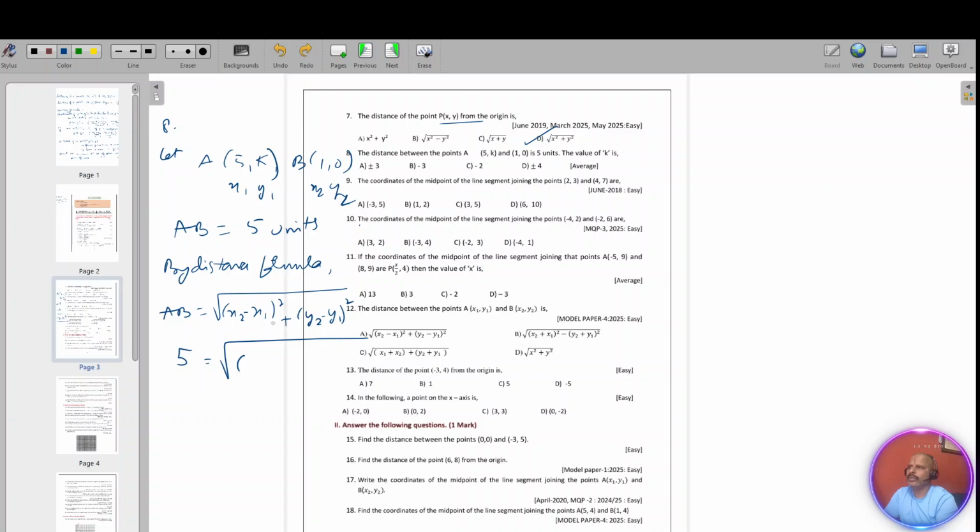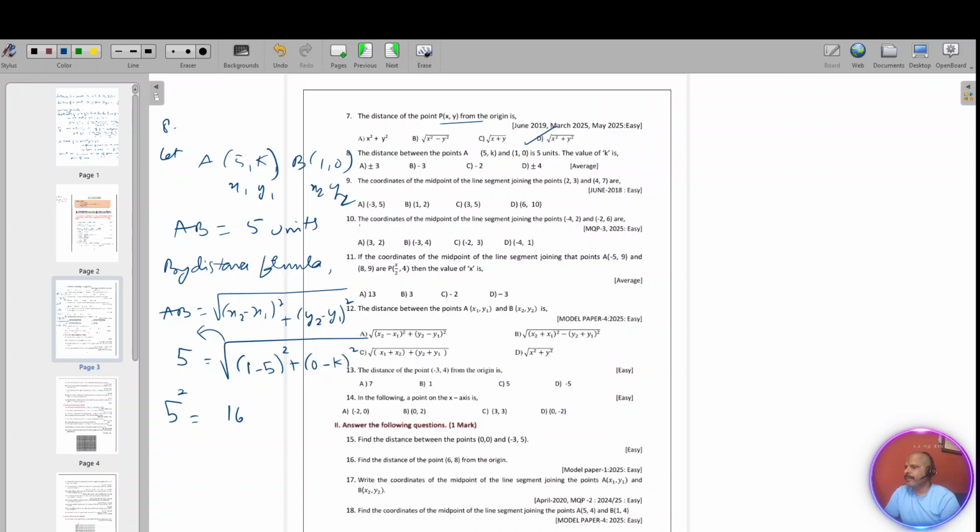B has x2, y2, so x2 is 1, x1 is 5 whole square, plus y2 is 0, y1 is k whole square. You transpose the square root to the left hand side, it becomes square. Okay, 5 square is equal to 1 minus 5 is minus 4. Minus 4 whole square is 16.